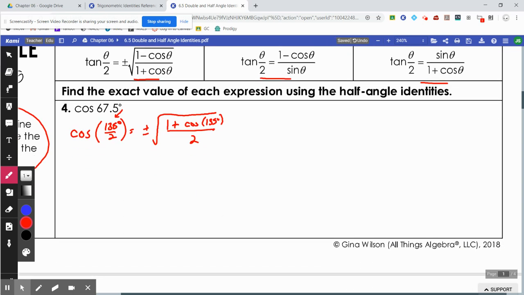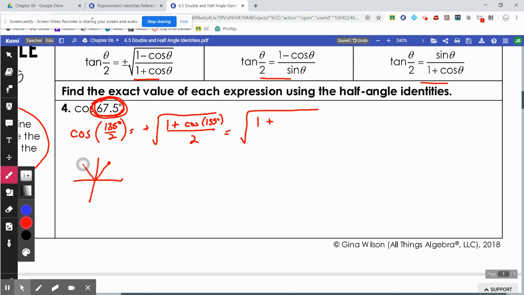Now again, which one do I pick, the plus or the minus? Look where you're at. You're finding the cosine of 67.5. 67.5 is up here in the first quadrant. The cosine in the first quadrant, as well as everything, is positive. So therefore, you're going to use the plus sign. So now you just clean it up. It is equal to the positive square root of 1 plus. Now, in order to find this, we've got to find the cosine of 135.